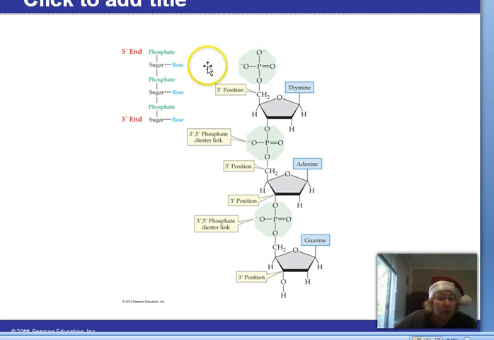You automatically orient yourself to the 5' end. How do you know it's the 5' end? Because it has this phosphate group on it. 1, 2, 3, 4, 5. The 5th carbon, which has the phosphate, this is the head. This is where you start. This is the way you read everything, from 5' to 3'.